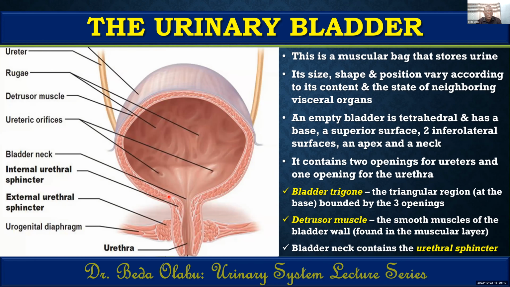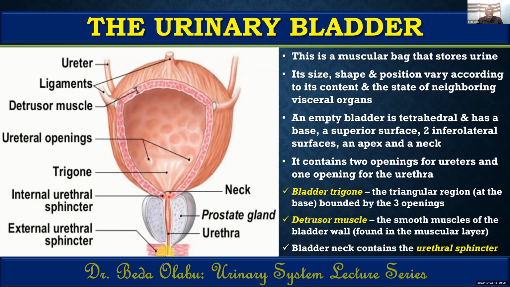There are two types of sphincters, though. We have the internal sphincter and the external sphincter. The internal sphincter is made up of smooth muscle. So they are at the thickening around the urethral opening into the urethra. The external sphincter, on the other hand, is made up of skeletal muscle.